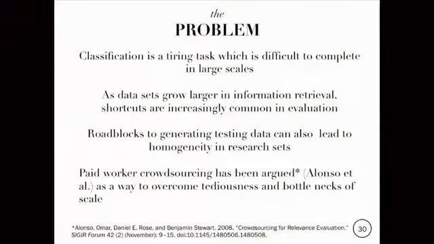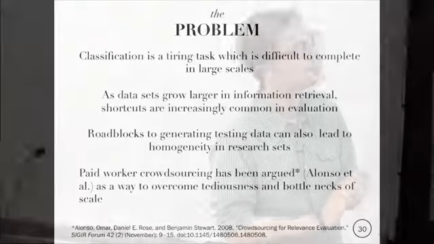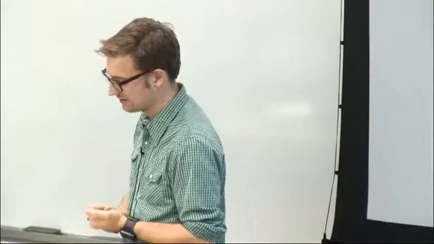Here's the problem. Classification is a tiring task, and it's difficult to use in large scales. So Galaxy Zoo, for example, they classified something like 60 million galaxies. Before Galaxy Zoo, there was a doctoral student that tried to do it, and he did it day and night for months on end.